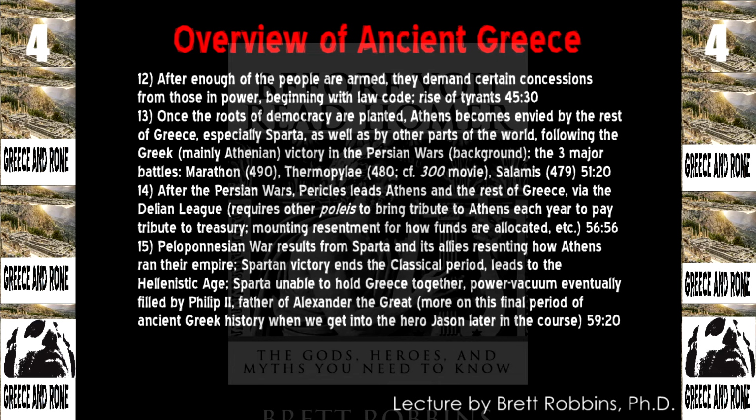So the Athenians made it clear to the rest of Greece, especially Pericles in particular, that we don't want this kind of stuff happening anymore. We have these three major battles, and there were other battles as well, but three major ones. As far as we can tell, that's the end of the Persian Wars, but we don't know for sure.